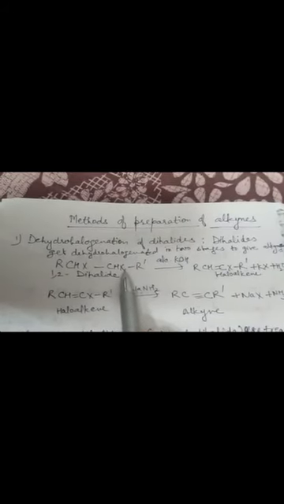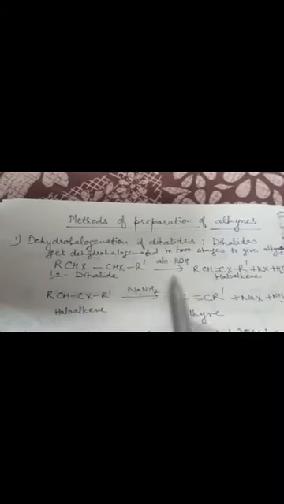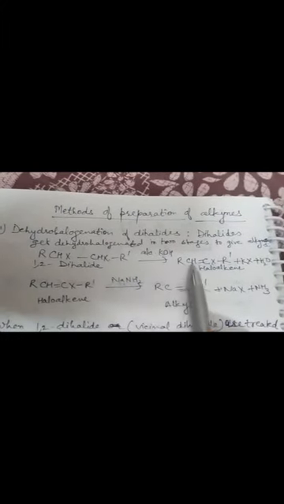Dihalides are compounds having two halogen atoms in them, and in these one halogen from this carbon and hydrogen from this carbon get removed by treating it with alcoholic KOH, as a result of which a C≡C triple bond is obtained. Potassium halide plus water are also formed.